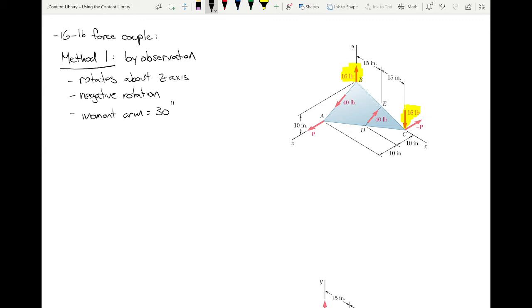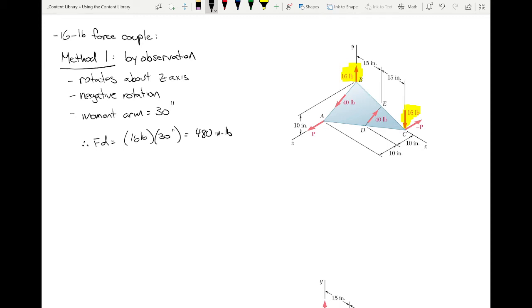So I propose then that if F times D is 16 pounds times 30 inches, I think I can do that math in my head. 16 times 3 is 48, so that's 480 inch-pounds, right?